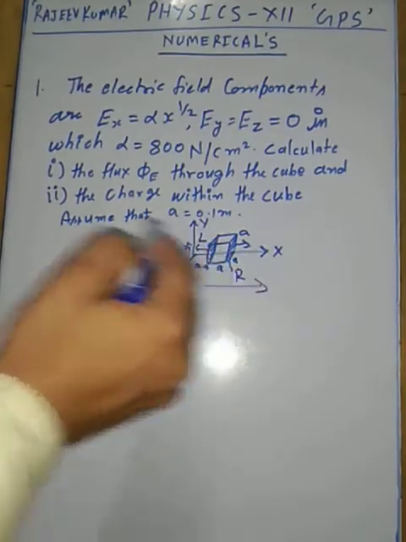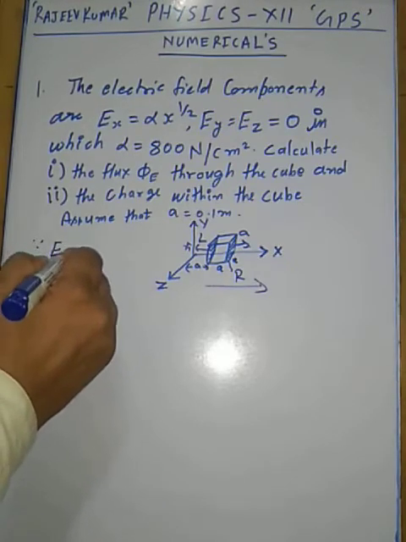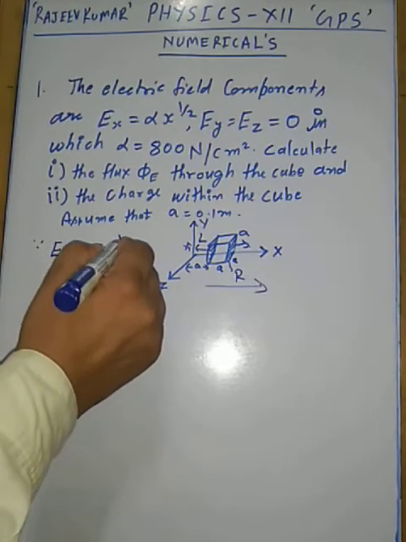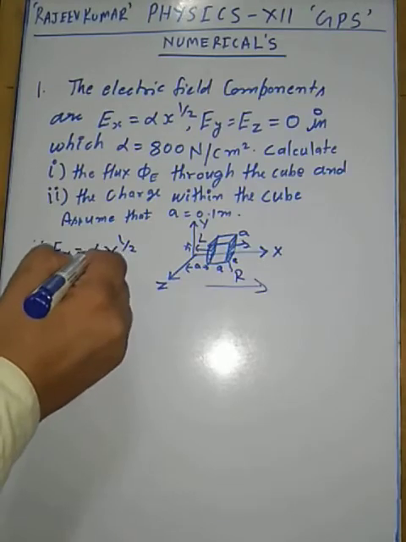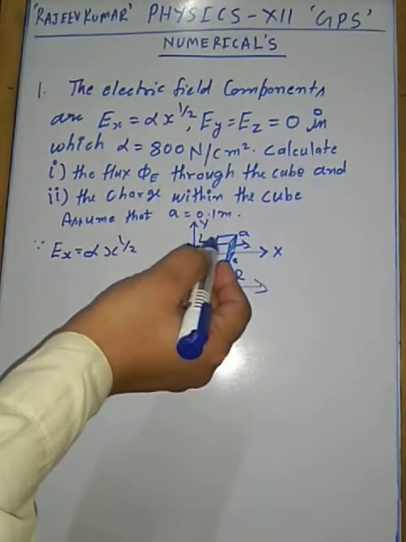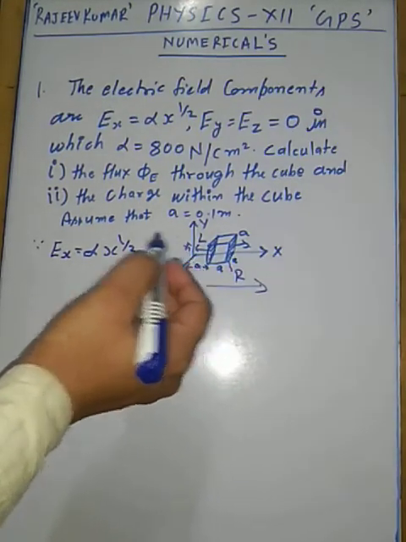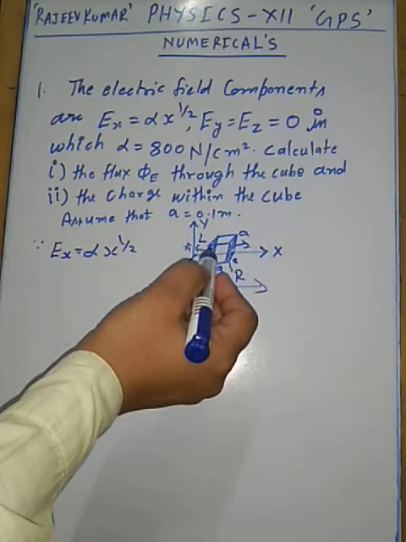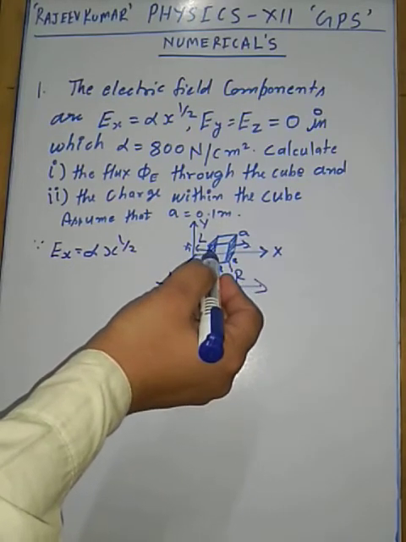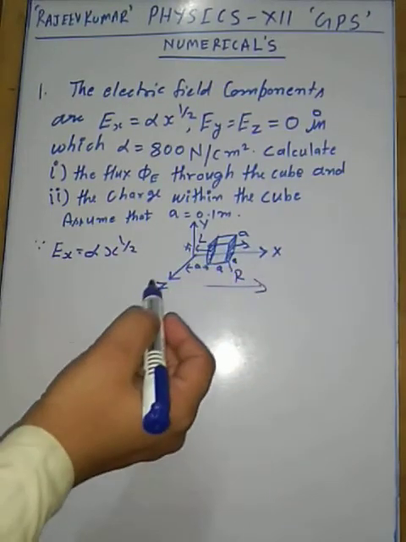This is a cube, and according to the given information we have an electric field along the x-axis. The direction of the electric field is along the x-axis. Now we are going to find the flux through this cube. In this case we are dividing this cube into two parts, the left face and the right face.